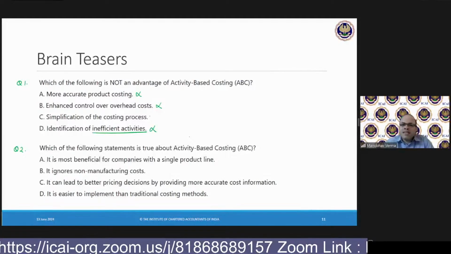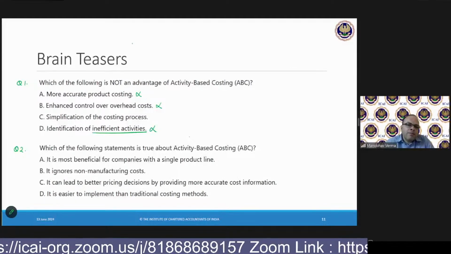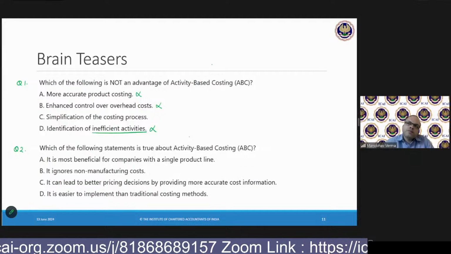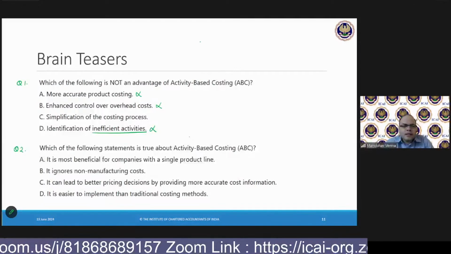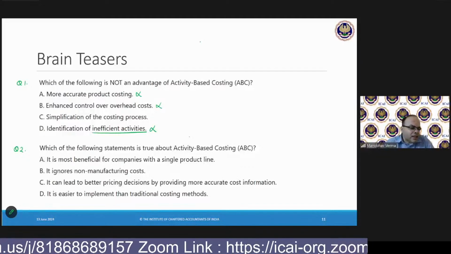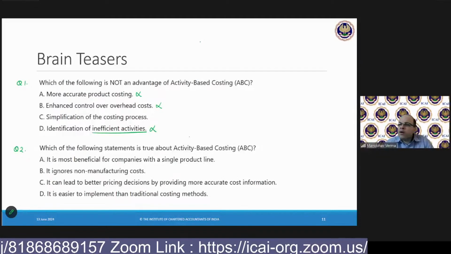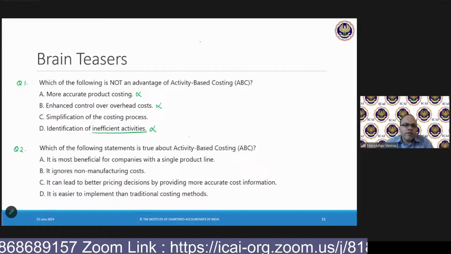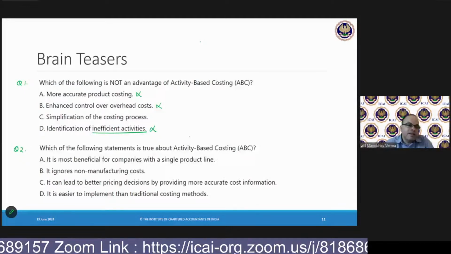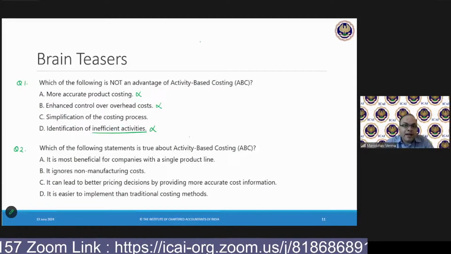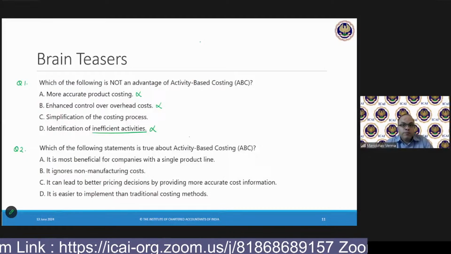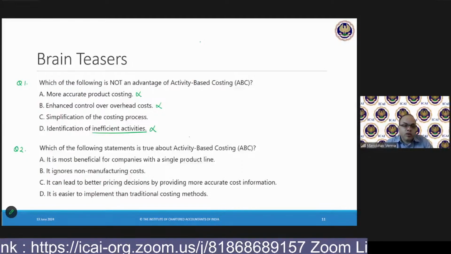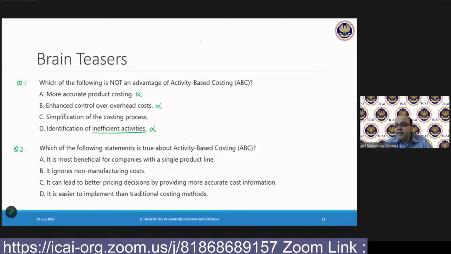But if I look at option number C, that gives me an idea here that activity based costing involves some efforts, right? Does it actually simplify the costing process or does it require more efforts? I think it may require more efforts, because I have to analyze activities, train the staff, split the activities, specify the processes, define the activities, identify the cost.